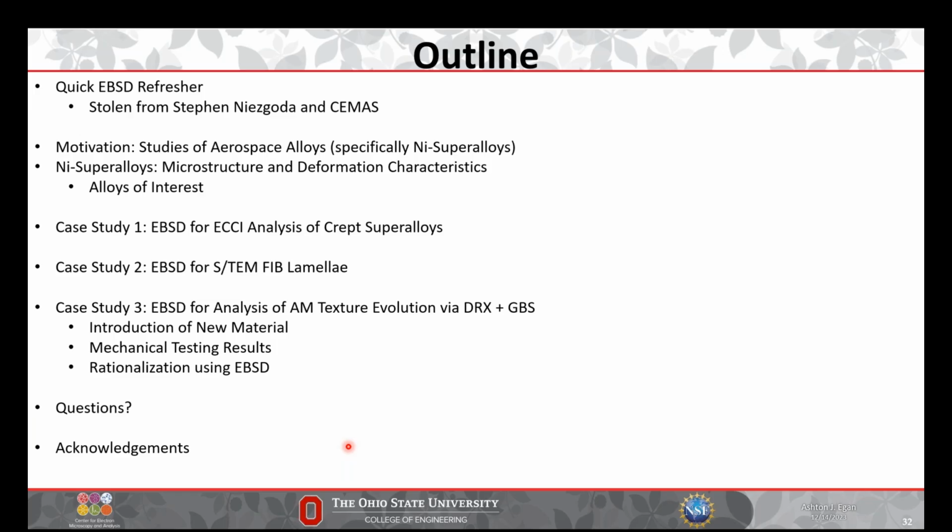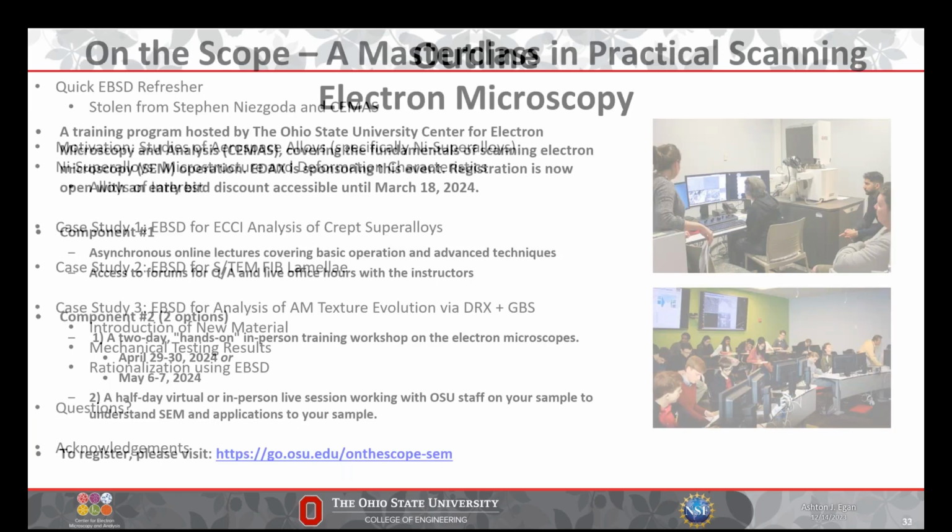And then a third case where we used EBSD to analyze the texture of these Ti-64 bars that underwent dynamic recrystallization and grain boundary sliding. Yeah, and so with that, I'll turn it over to the other folks.